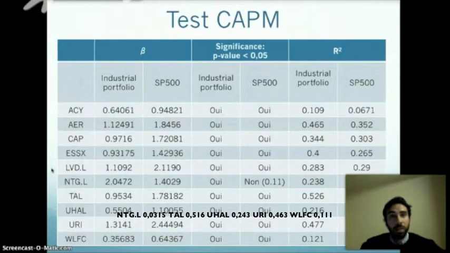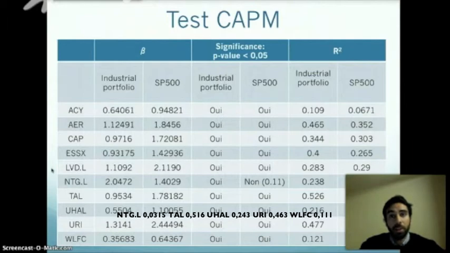So that means that in the industrial portfolio, we can reject the null hypothesis and say that the betas are different from 0. In contrast, considering the SP500, we cannot reject the null hypothesis.